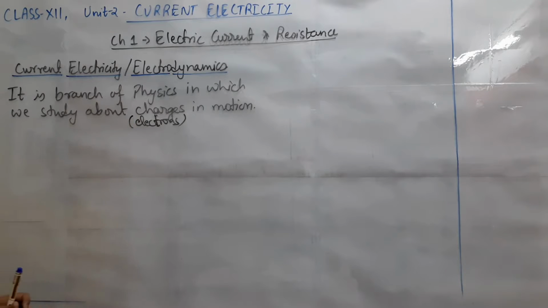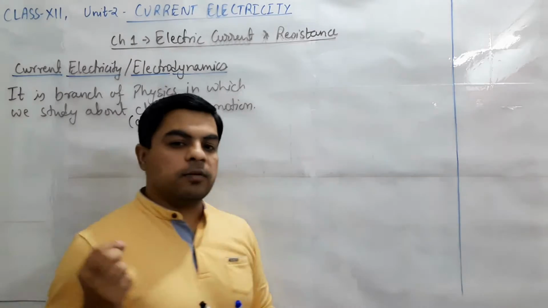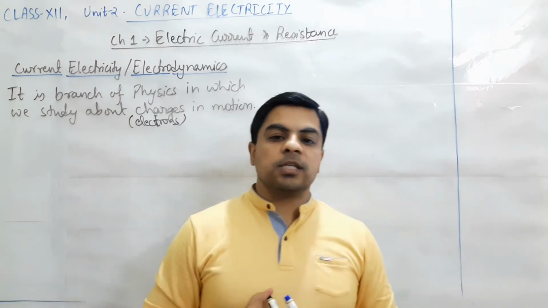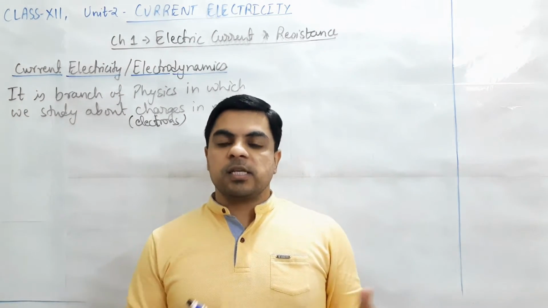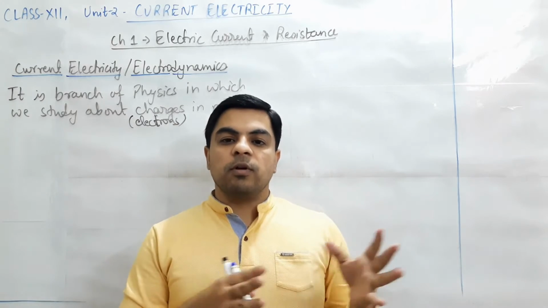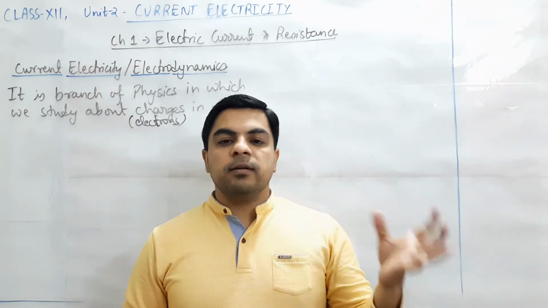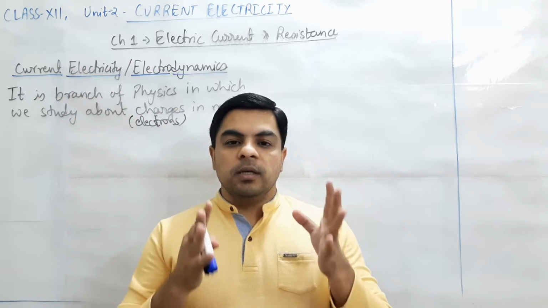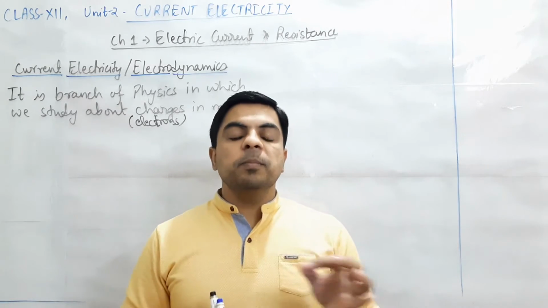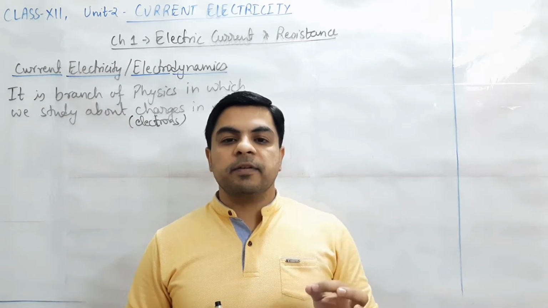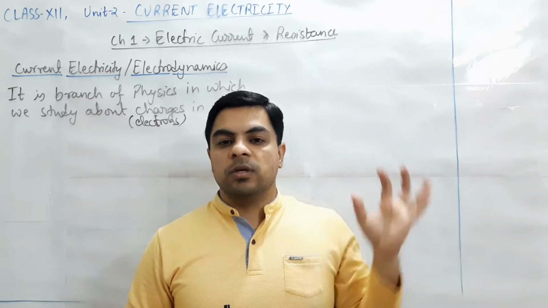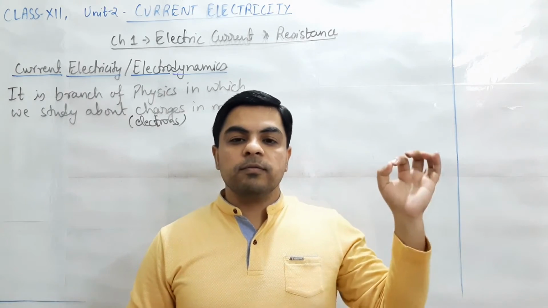Now, to proceed, the flow of charges in a definite direction constitutes electric current. You must know this type of definition from 10th class also. Over there, few basic concepts were there, and from that we simply define electric current as the rate of flow of electrons or rate of flow of charges.